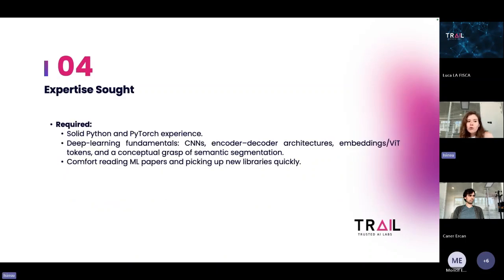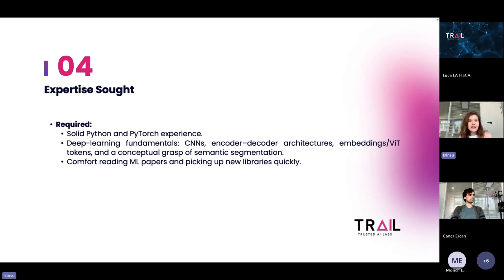So finally, a few words on what we're looking for and what you would take away from this project. We're looking for, first of all, motivated students excited to apply foundation models and computational pathology to a real-world problem to unravel the complexity of tumor microenvironments. Ideally, we expect group members to have solid experience with Python and PyTorch, a good understanding of deep learning basics and semantic segmentation.